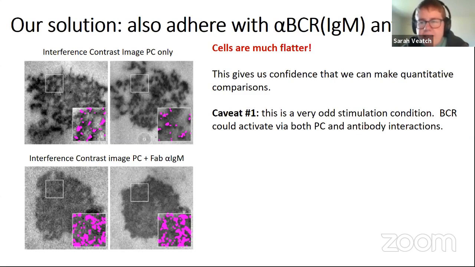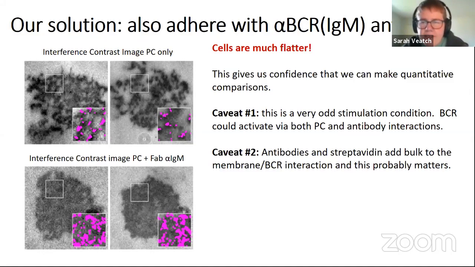So lots of caveats. One is this is a very bizarre stimulation mode. This is not something you would normally think might happen in real life. So these B cell receptors can activate both because they are being clustered by this antibody, but also because they see this natural ligand. And this is a particularly artificial way of doing things.